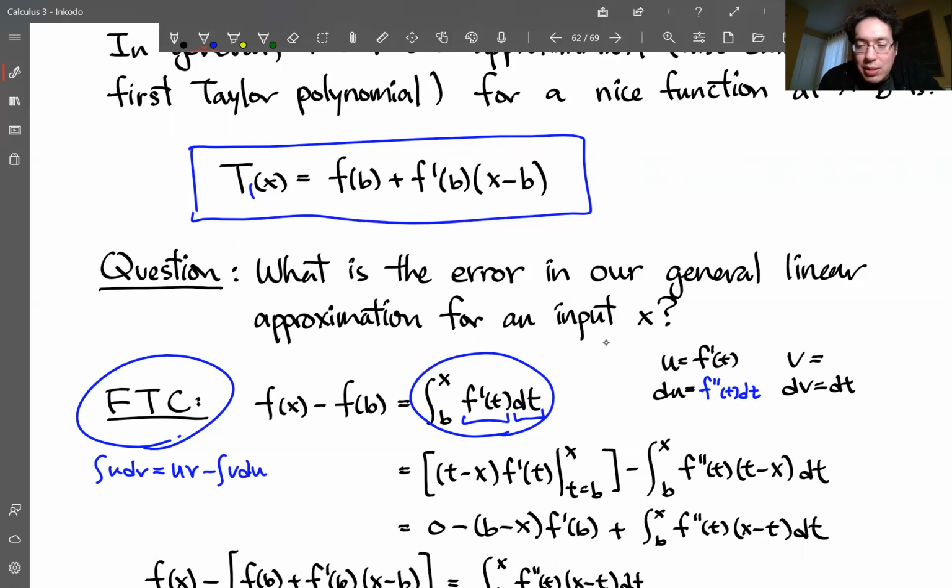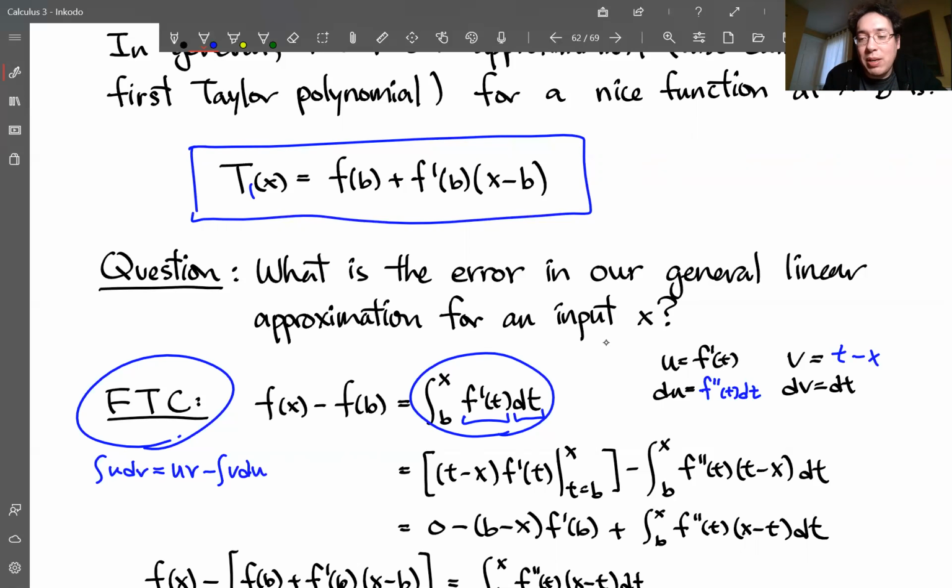And if dv is equal to dt, the antiderivative of constant 1 is going to be t. But actually, I'm going to write it as t minus x. I'm allowed to do that because x is constant with respect to this equation.